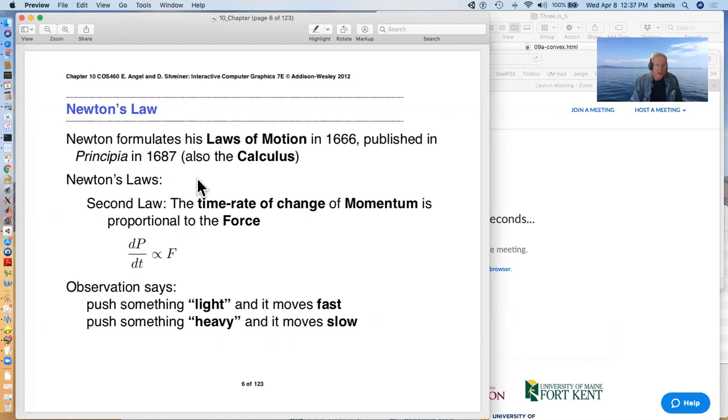So Newton's second law was that the time rate of change of momentum is proportional to the force. This was from the observation that if you pushed something that was light, didn't weigh much, it would then move fast. And if you pushed something heavy, with the same amount of push, it moved slow.